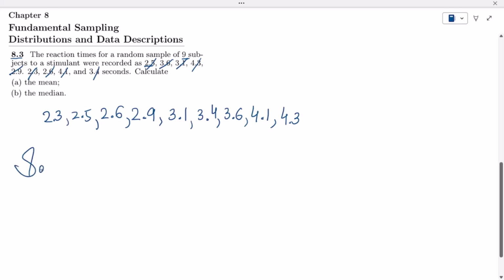So this is the solution, and in solving it, first of all, we have put them in order.